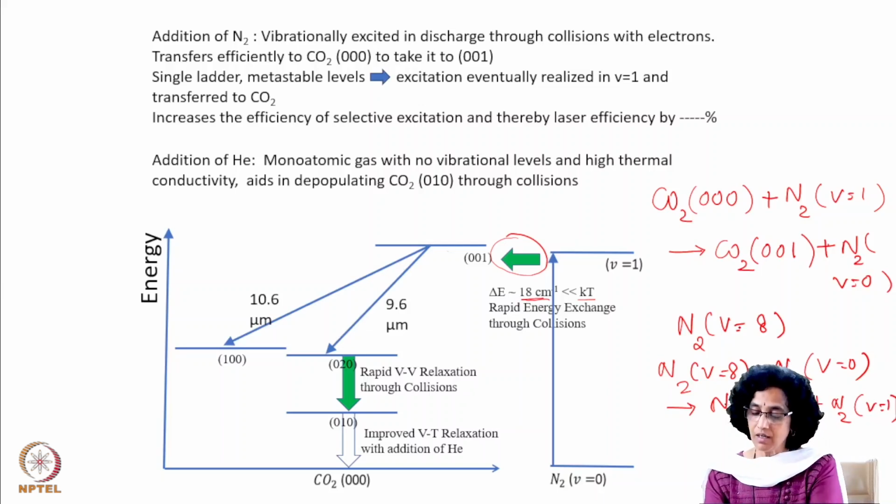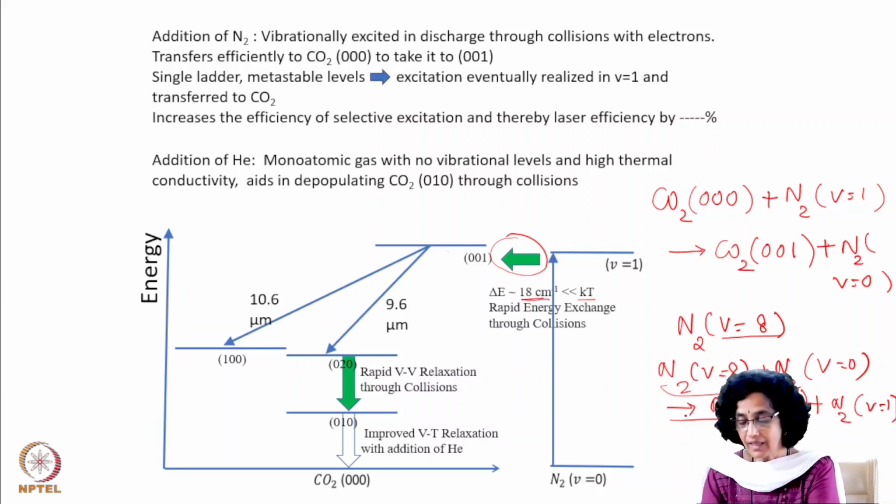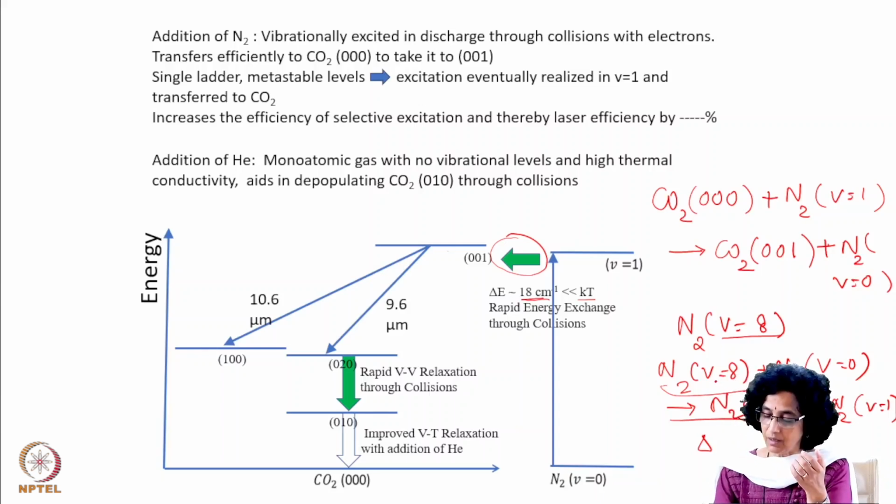And mind you, these kinds of collisions, these kinds of reactions are very very fast, because why? They do not involve much change of energy. These are resonant VV collisions, and these resonant VV transfers, we know, are very very efficient.